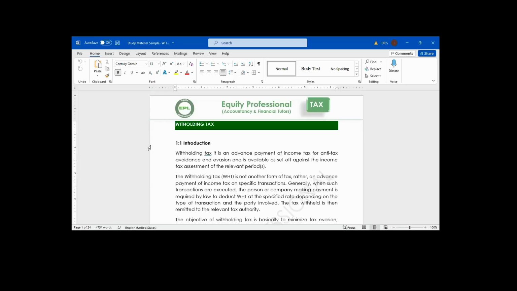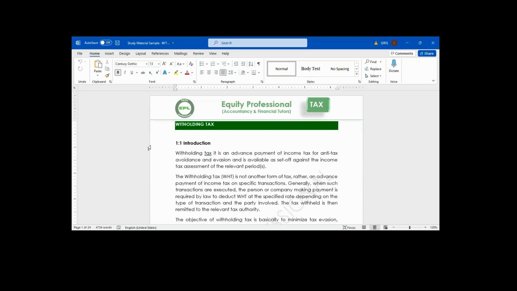So withholding tax is not a type of tax, but an advance payment of company income tax and personal income tax.